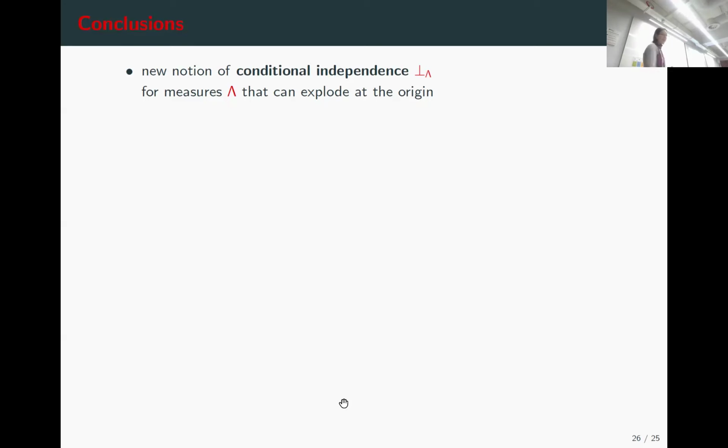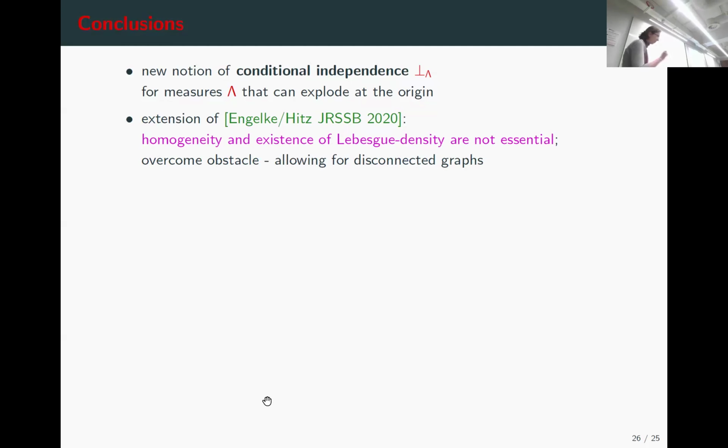It's definitely an extension of the Engelke and Hitz approach. And what this research shows is that some of the restrictions are not necessary at all. We do not need the existence of a density, and we also do not need homogeneity. Actually, it's important that we don't have a density, that we allow for mass on all those subspaces through the origin, in order to have a more complete understanding of this kind of conditional independence.